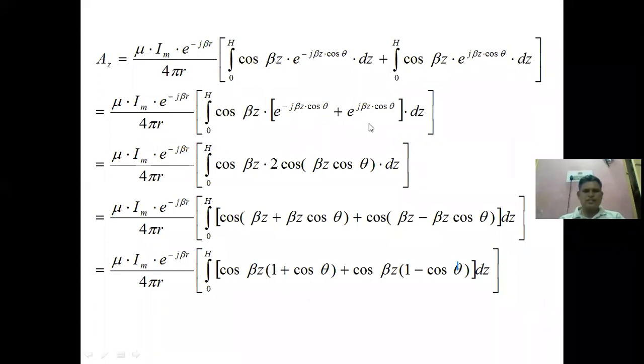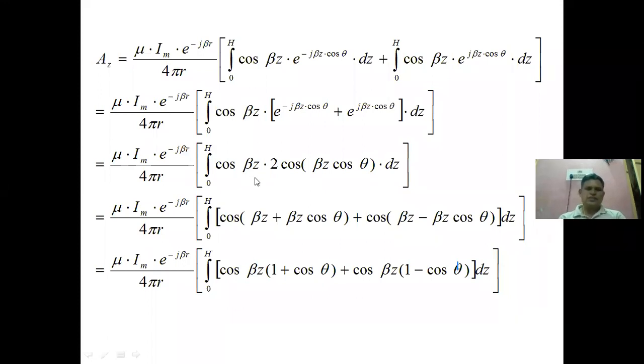Here, e power j theta plus e power minus j theta divided by 2 is equal to cos theta. Therefore this is equal to 2 times cos beta z cos theta, that is, 2 times cos beta z into cos of beta z cos theta.